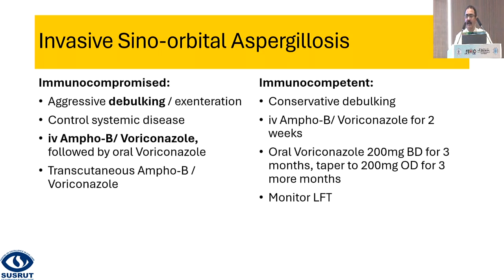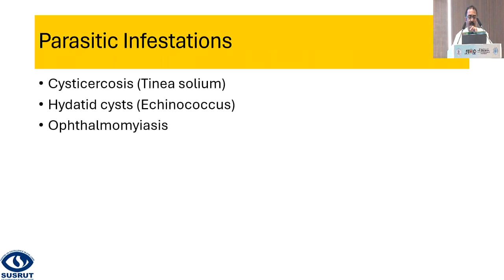Now, this particular entity presents as an NSOID, so it is important to do a biopsy. Just as for a mucor, you have to clinically show that there is a mucor infection. Similarly here, you have to do a biopsy to establish that it's a fungal infection and then treat it accordingly.